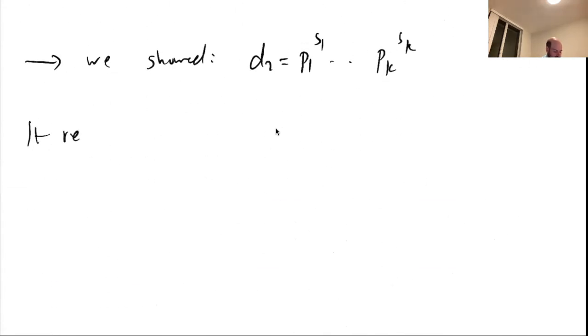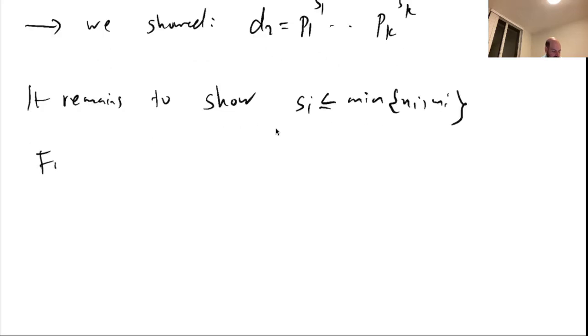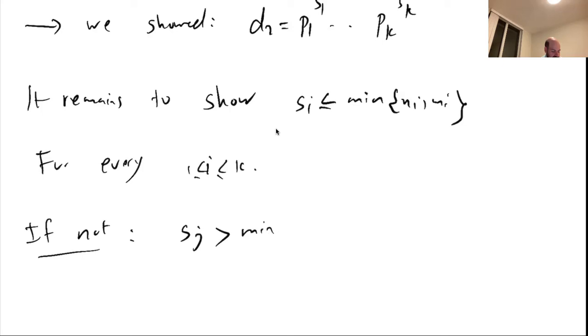It remains to show Si less than or equal to minimum of Ni, Mi for every i between 1 to k. If not, again, let's say Sj bigger than minimum of Nj, Mj for some j.